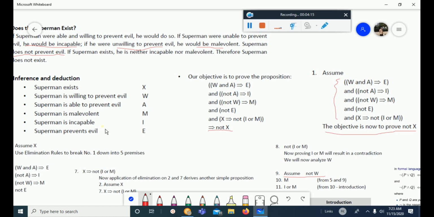So here now we will start from the opposite, by contradiction.